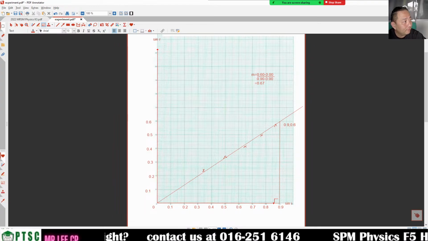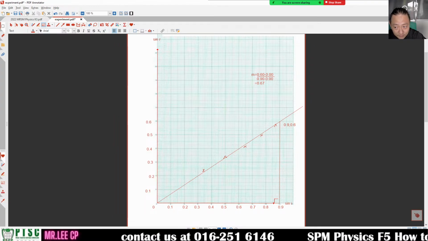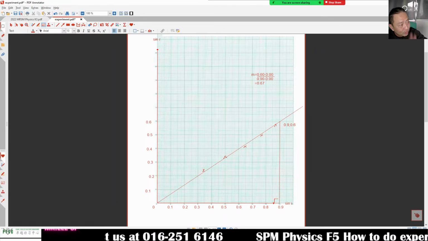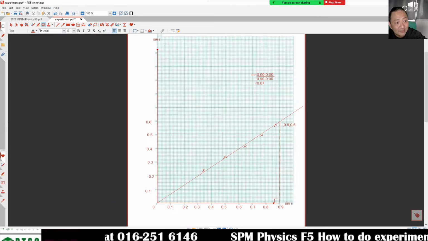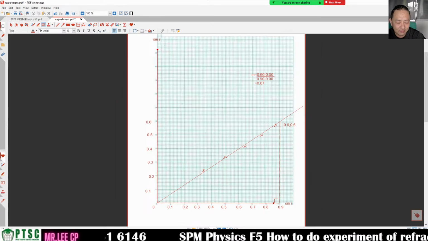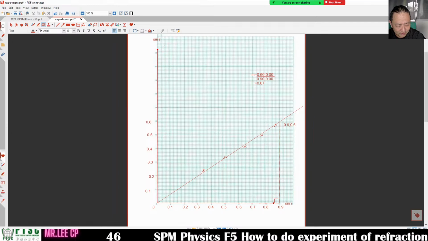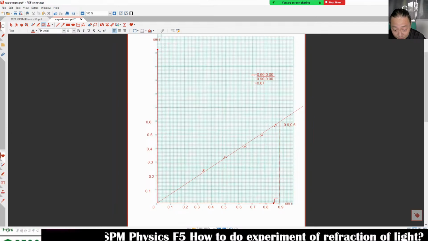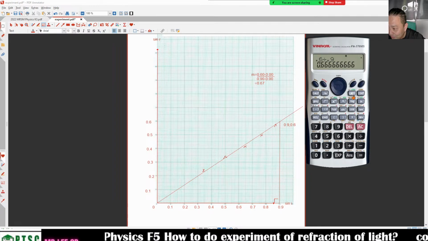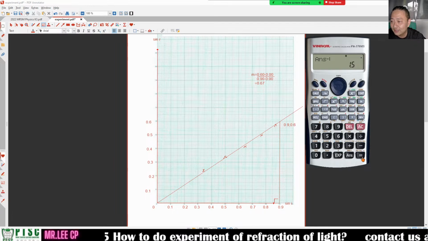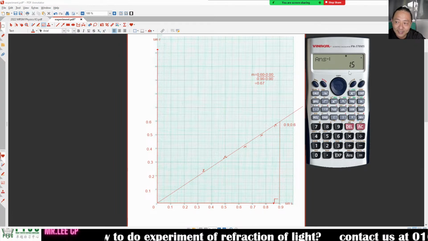Any question from here? Now, what is the gradient of the graph? It is not the refractive index. It's terbalik, the inverse of the refractive index. So the refractive index, you inverse it back, you get 1.5.